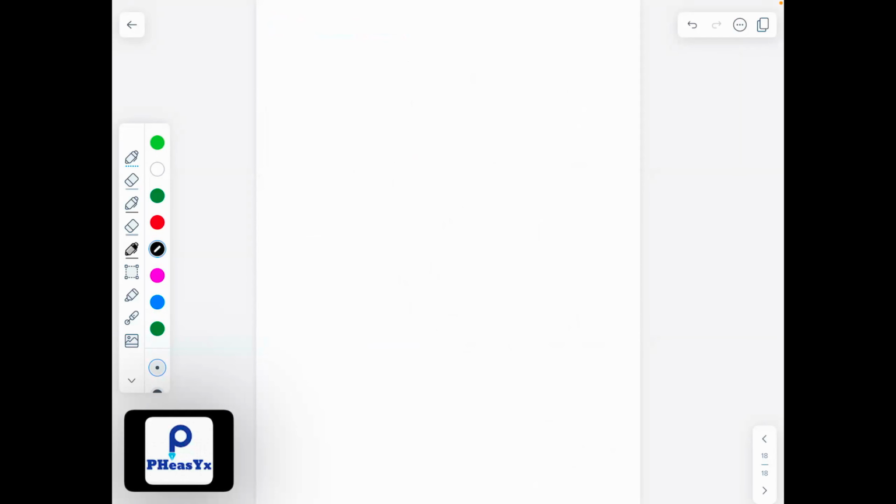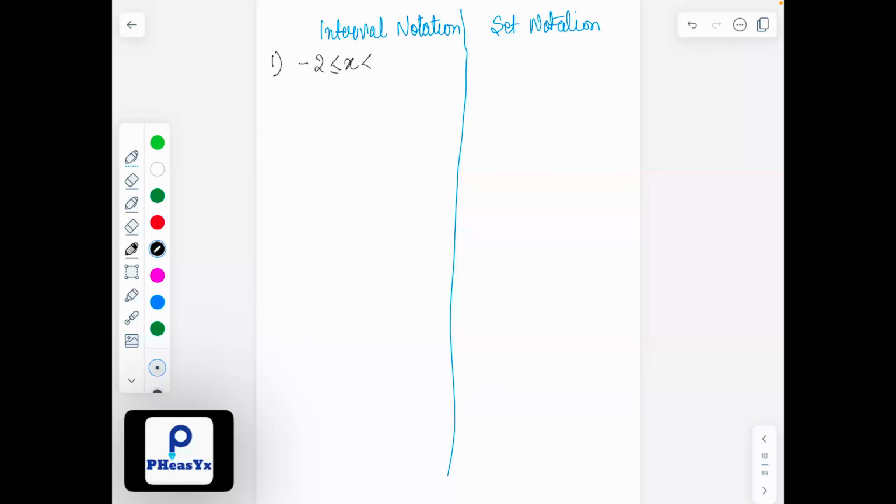Now we will see the difference between interval notation versus set notation with some examples. Okay. So first question is -2 to 4. How will we write this in interval notation?